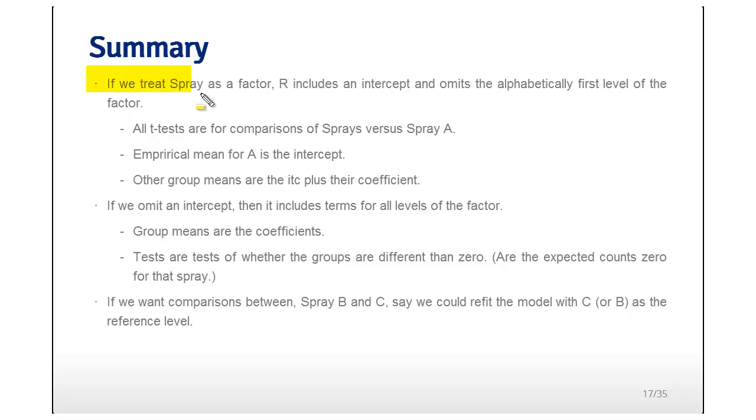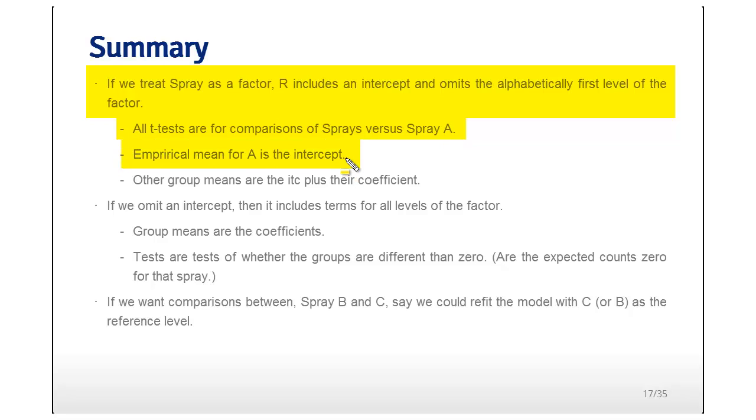If we treat spray as a factor, R includes an intercept and omits the first level of the factor. And then all of the t-tests and all of the coefficients, except the intercept, are comparisons of that spray versus spray A, and the intercept is interpreted as the mean for spray A. And the other group means are the intercept plus their coefficient.